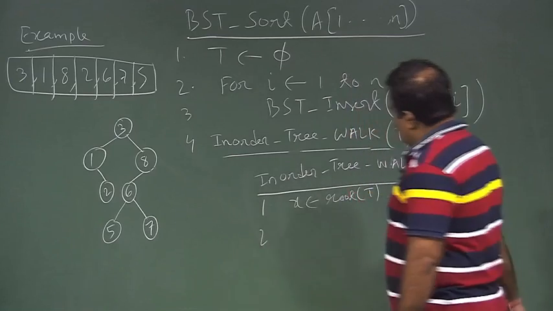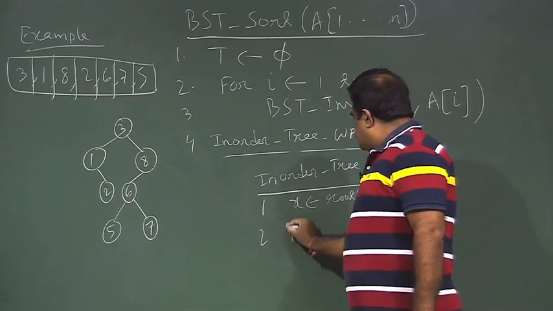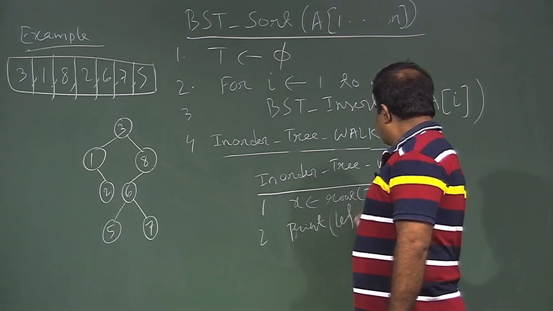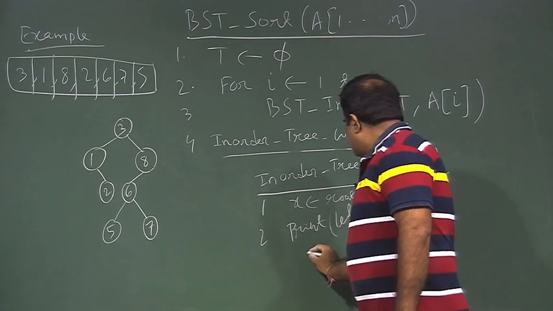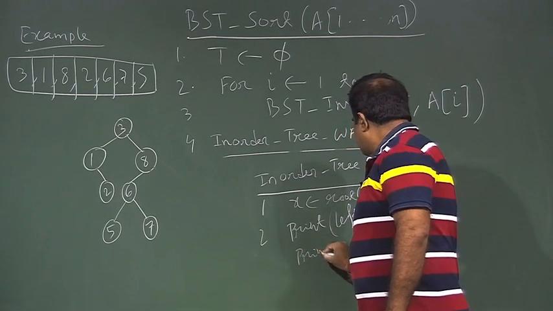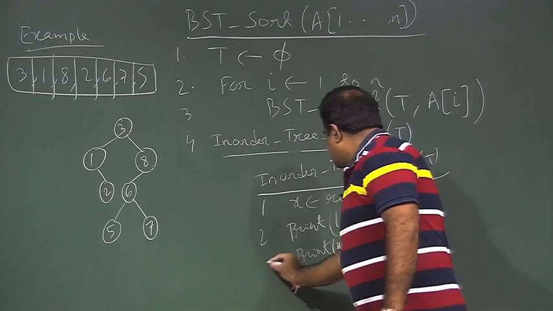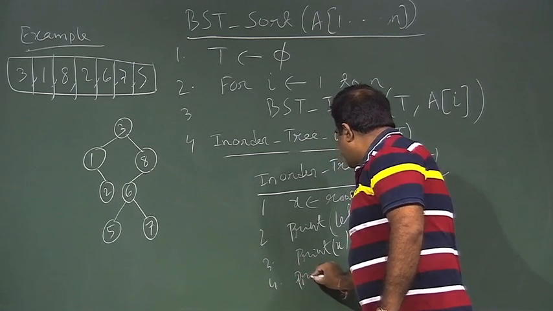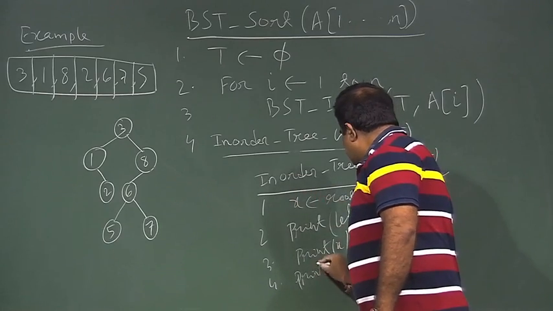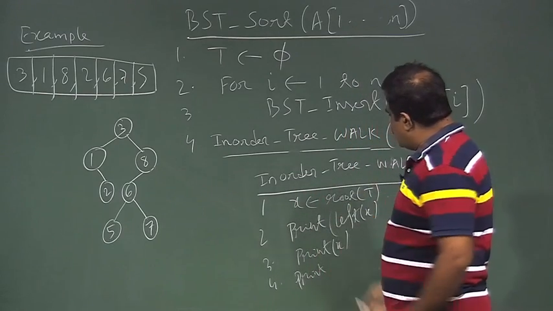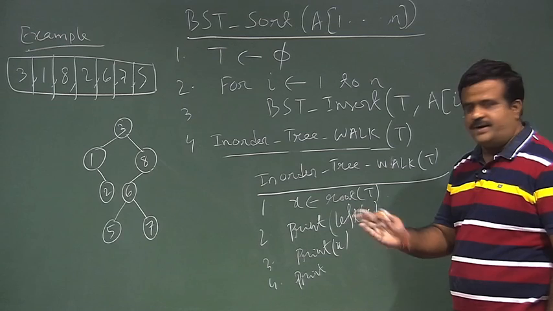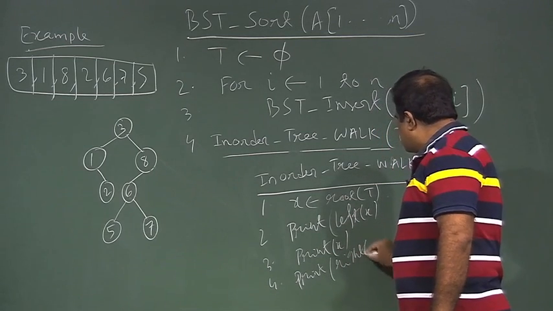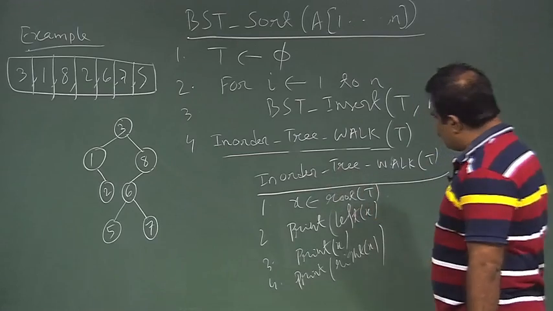We first traverse the left of x, then we print the root, and then we print the right of x. Print means we again call the Inorder tree walk. So we do until it says no child, then we print it. Print right of x. Print means this is basically Inorder tree walk again.